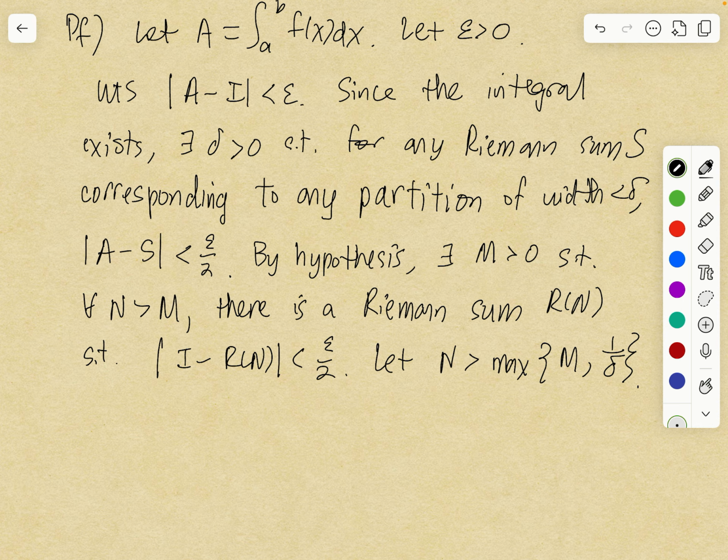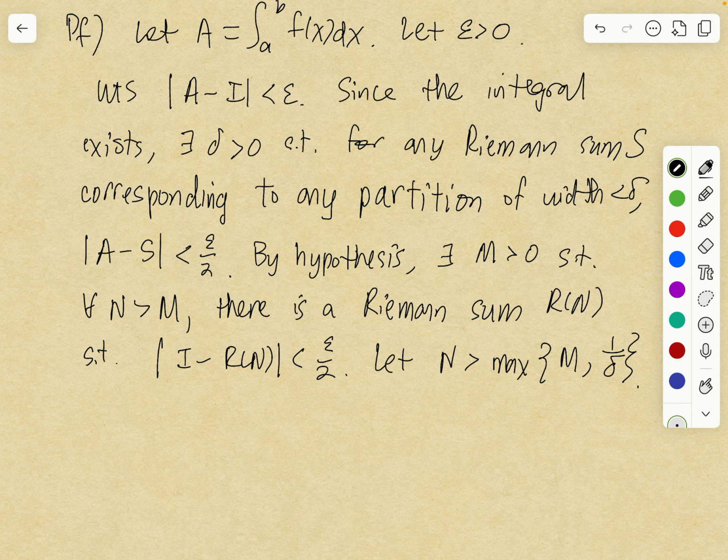Then this Riemann sum R of n, okay, so if we let n be greater than the maximum of m and 1 over delta, then we know that there is a Riemann sum R of n such that the absolute value of I minus R of n is less than epsilon over 2.